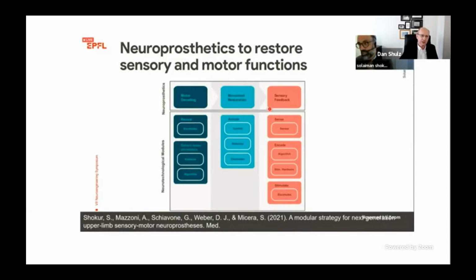That has been done by Shokur in a neuroengineering approach. And I will talk more from, I would say, a neurobiologist perspective on this sensory feedback, okay?